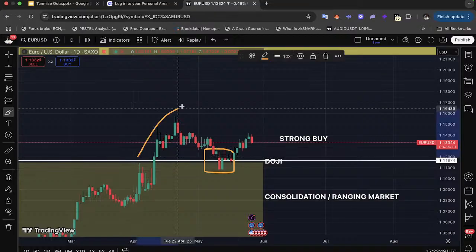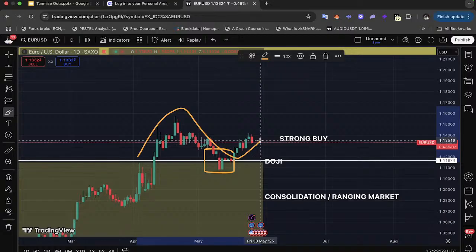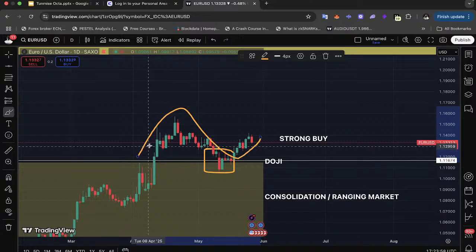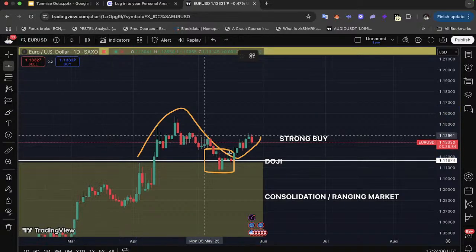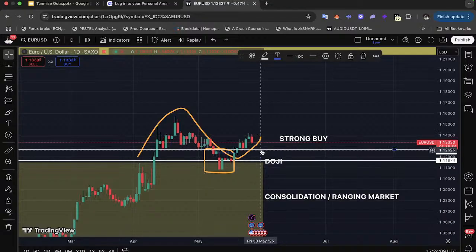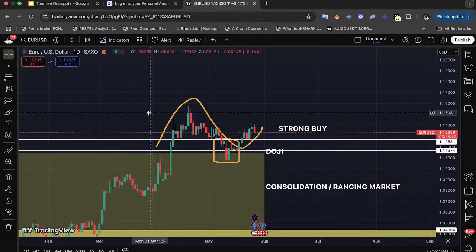After a breakout, a pullback occurred, and then we can see price going higher. From the weekly time frame, we already declared that this is a buy. Very important, already declared this is a buy.